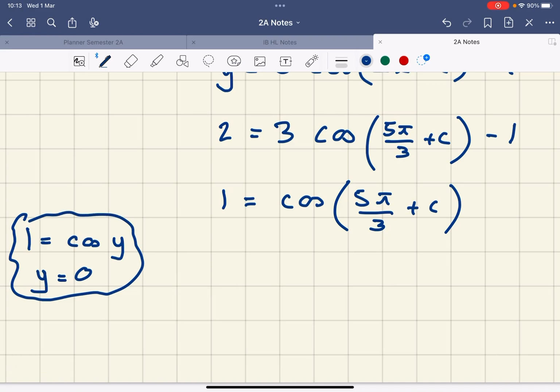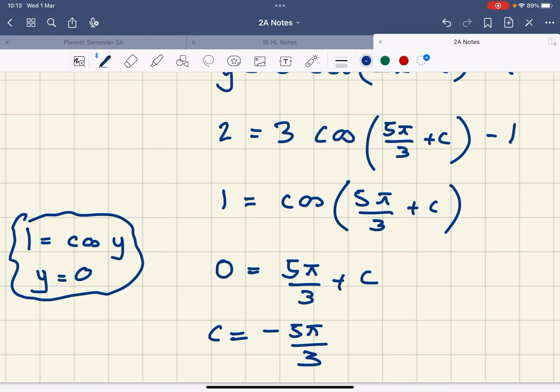I can do that without a calculator, just think of the cosine graph. So I'm going to make this 0, and I've got what you could think of as y as the bracket. And so we can see there that C is equal to -5 pi over 3. And that works perfectly. That actually will be a perfect graph.